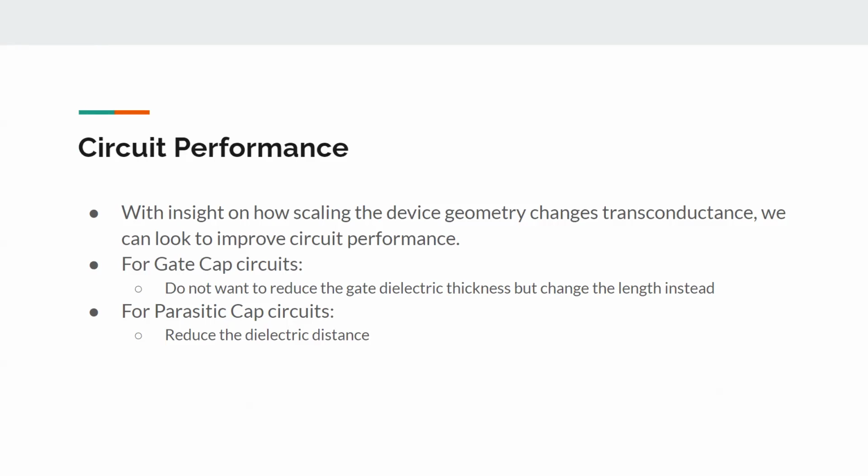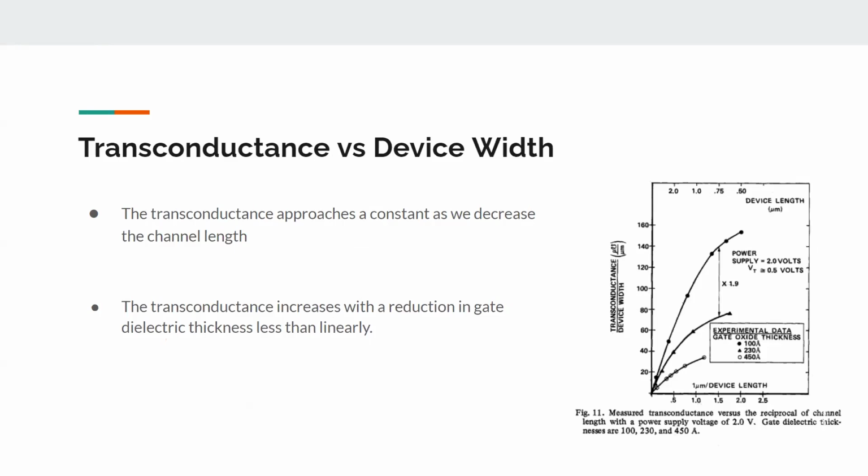However, for parasitic capacitance limited circuits, we want to reduce the dielectric thickness. Although the increase in transconductance may be less than linear with dielectric capacitance, it remains significant for device geometries of practical interest, as demonstrated in figure 11 here.